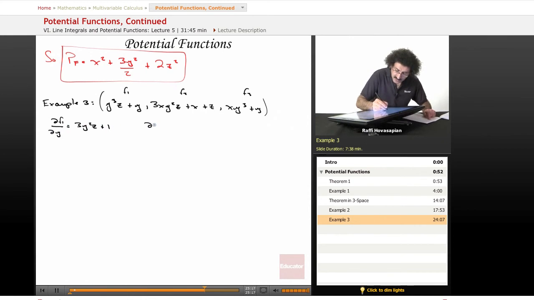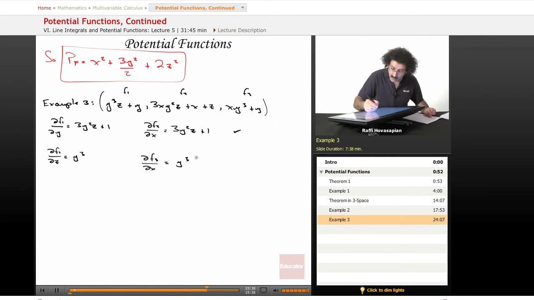And if I take df2 dx, I get 3y squared z plus 1. So that checks out. Now df1 dz is equal to y cubed, and df3 dx is equal to y cubed. So that checks out.